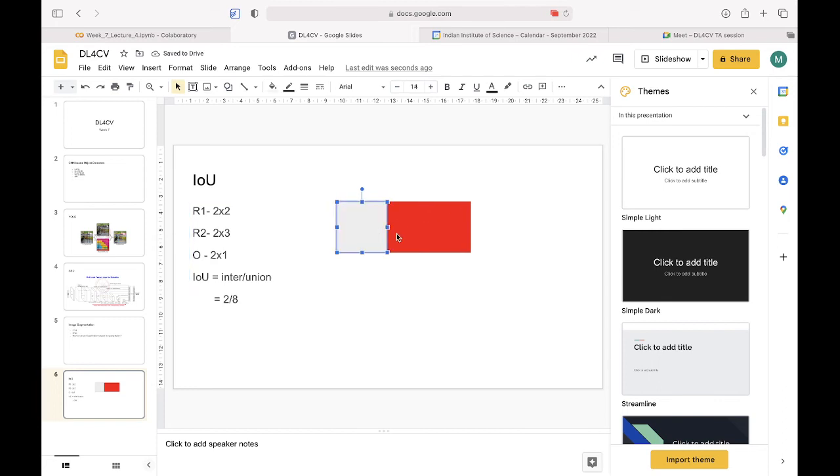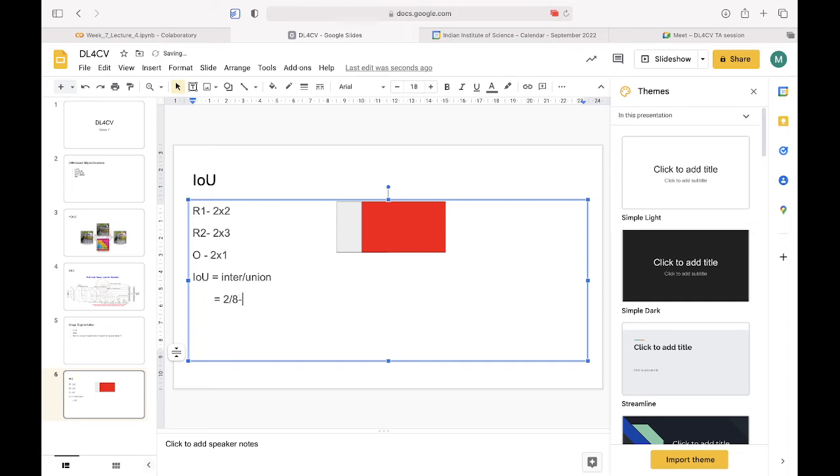There is no overlapping region between them. I am trying to explain how you are computing the union, that's all. In this case, it is 8, right? Union of both. So 2 by 8 is the IOU.